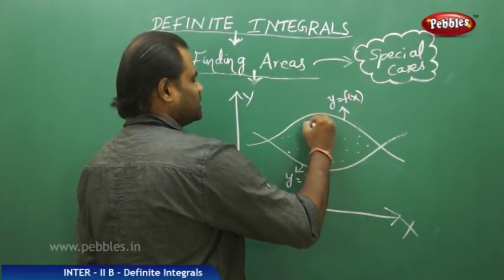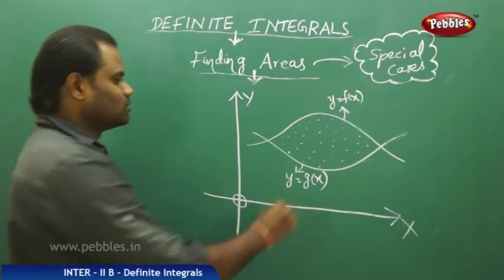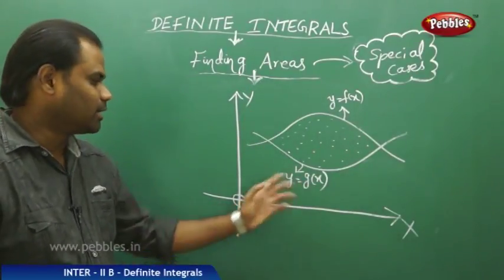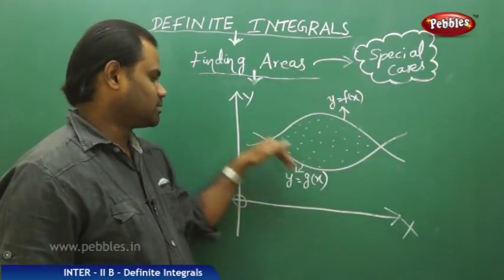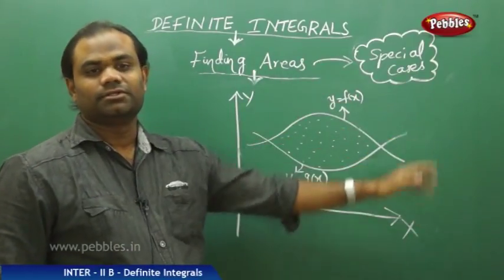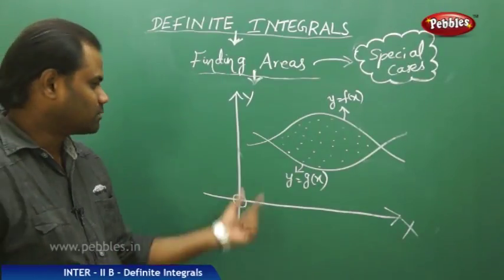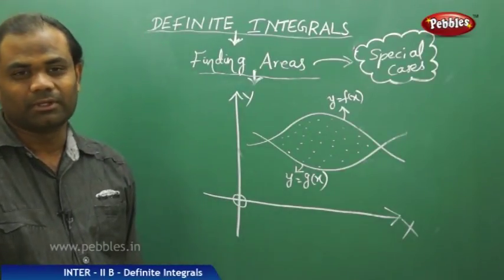As I see in this case, clearly we do not have the left and right bound, or the lower and upper limit, but I have clearly the upper curve, which is f of x, and the lower curve, which is g of x. In this kind of problem, we have to find the left and right bound, or the lower and upper limit.